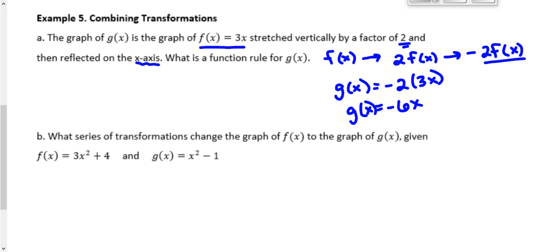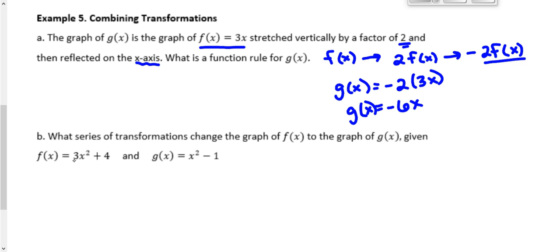Okay, for part B, it says, what series of transformations changes the graph of f of x to the graph of g of x, given the 2? Okay, so what we want to do kind of here is work backwards. We want to look at f of x and say, what did I have to do to it to get to g of x?